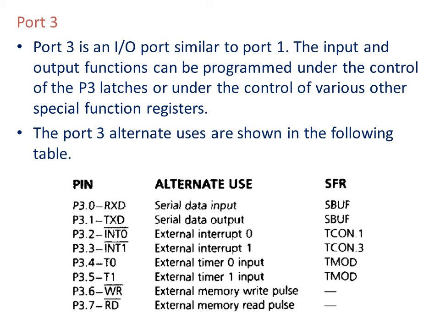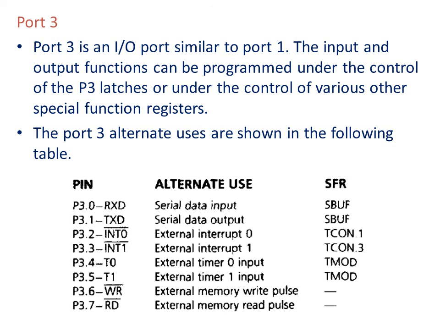P3.5 is external timer 1 input, and P3.6, its alternate use is external memory write pulse. P3.7 can also be used as external memory read pulse. And for this operation, the special function registers used are shown in column number 3.